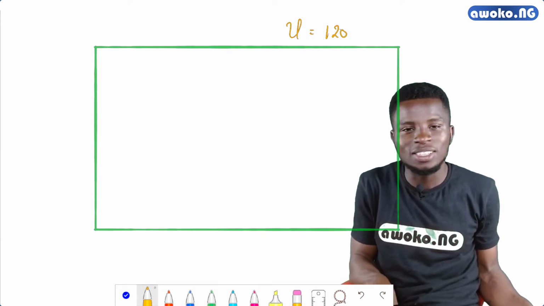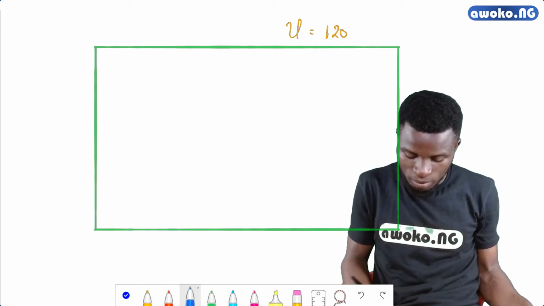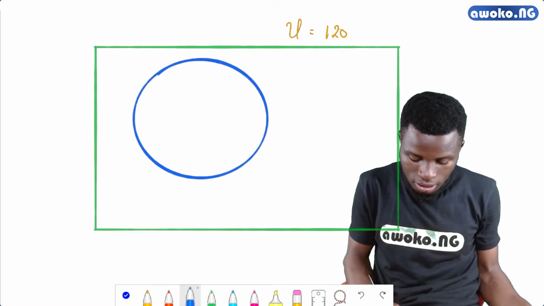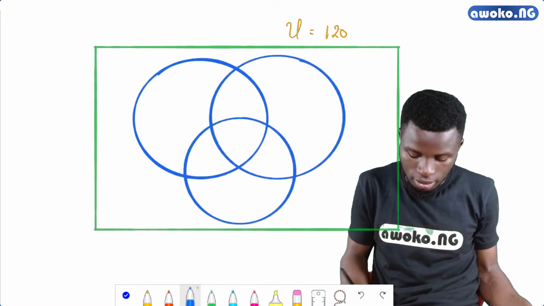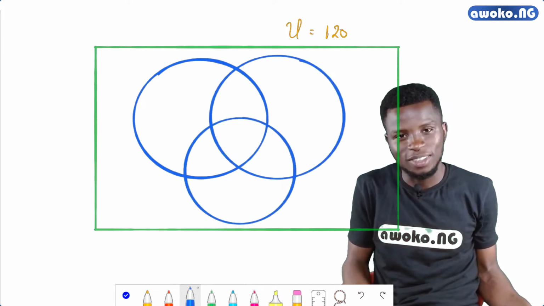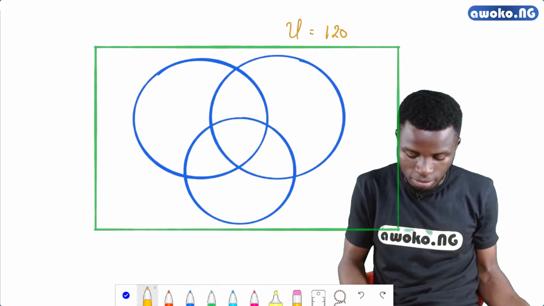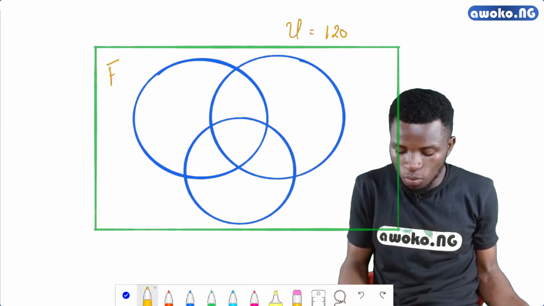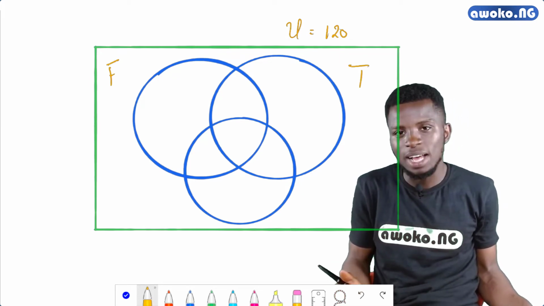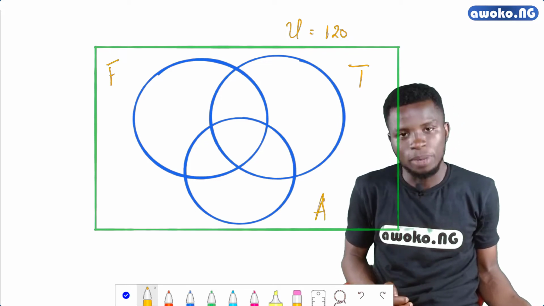Okay? So let us draw the circles that represent each of the three banks. Of course, there is an intersection between all the banks. Therefore, we can use this as the first circle, this as the second circle, and this as the third circle. Let's make the first circle First Bank, the second one Trust Bank, and the third one Access Bank.